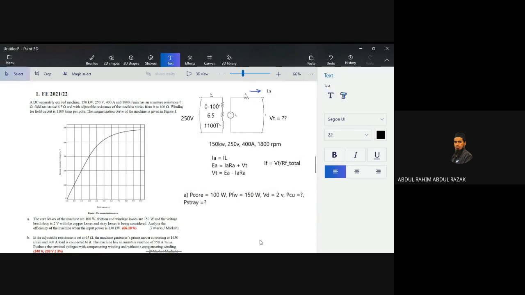Analyze the efficiency of the machine. How much is your efficiency when the input P in is equal to 130 kilowatt?